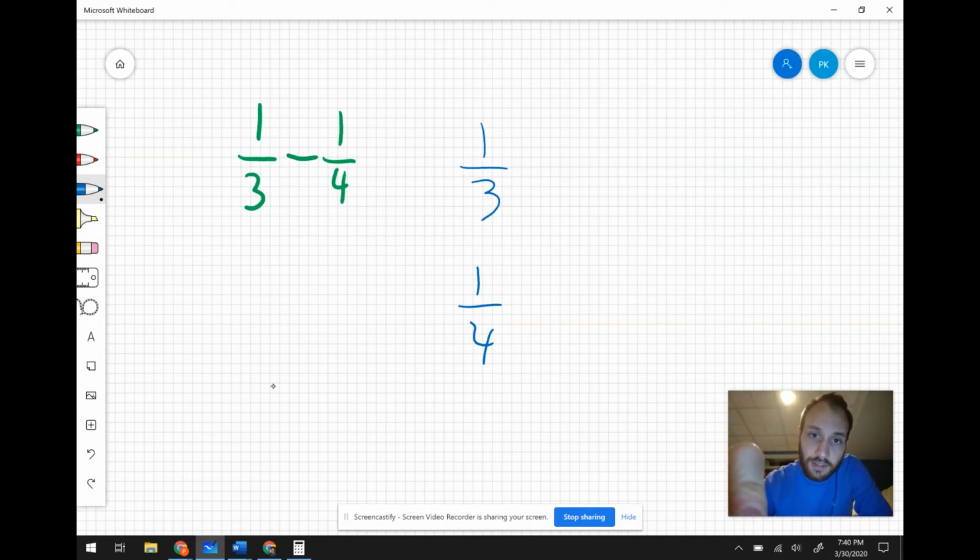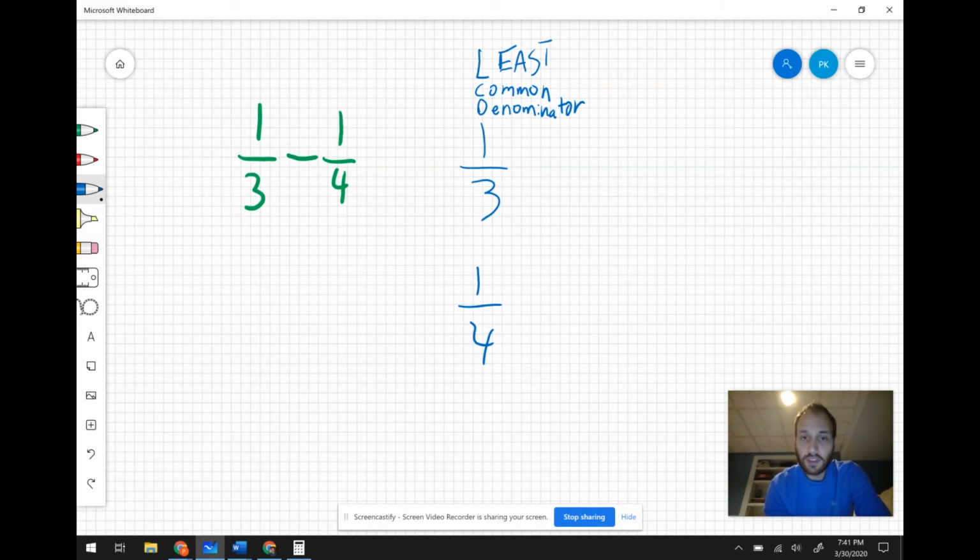I'll write it down. If you need to look it up, pause the video and look up the LCD and how to find the LCD. For 3 and 4, the LCD is going to be 12, because that is the smallest number that both 3 and 4 can multiply into.